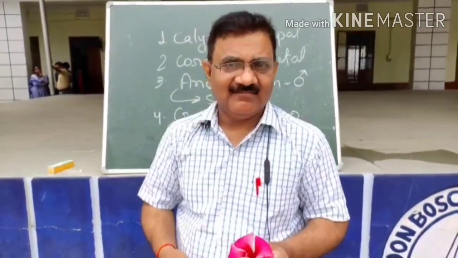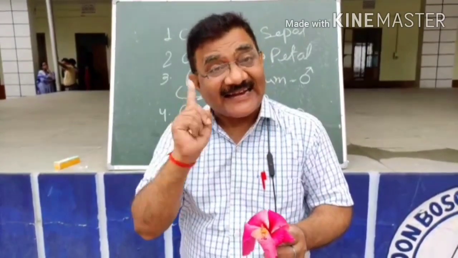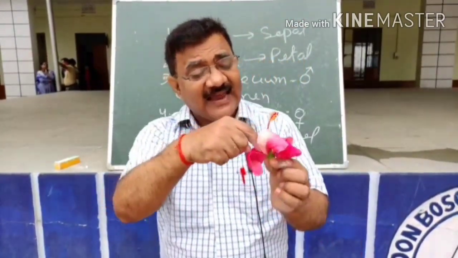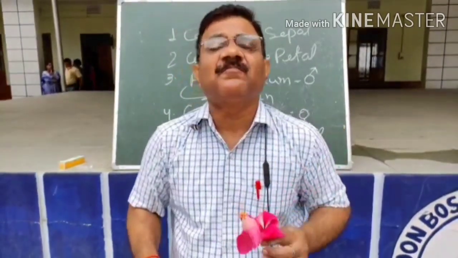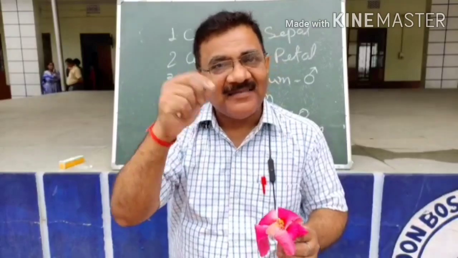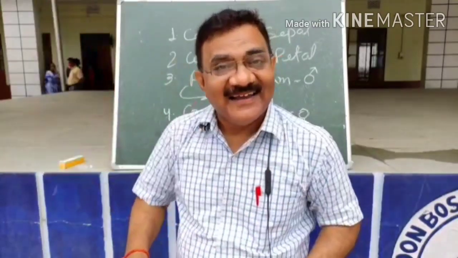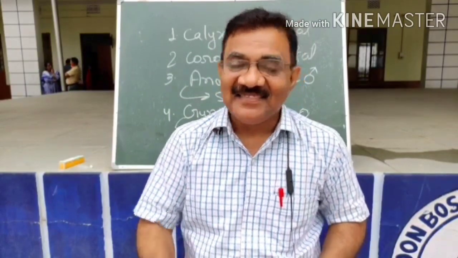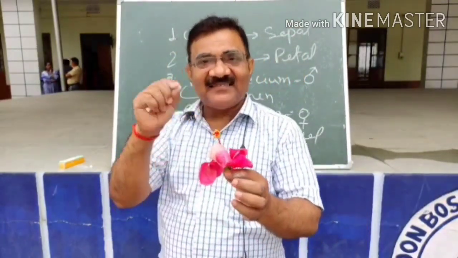Nectar. Understood? Nectar is present inside this, a type of sweet juice. By that sweet juice only, honey is made. Have you not tasted honey? How sweet it is. That honey is made from this nectar.